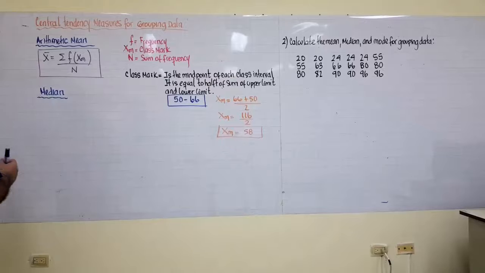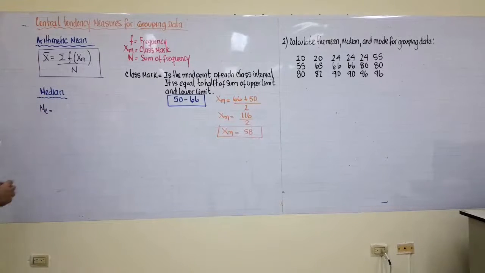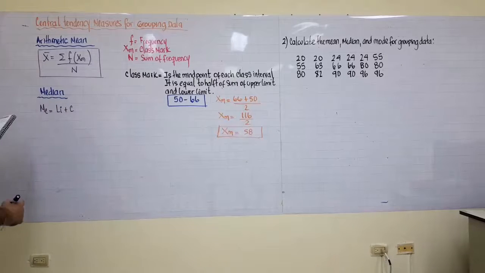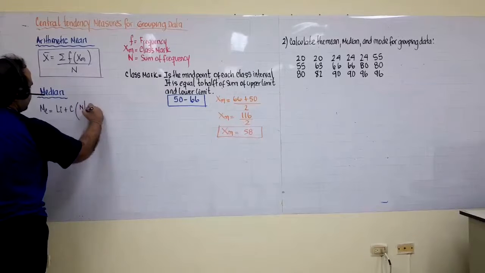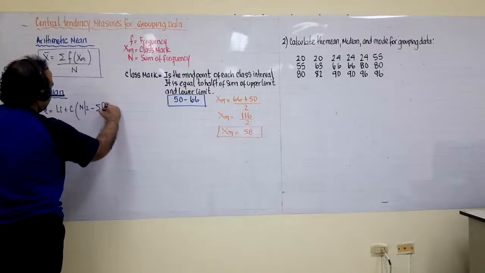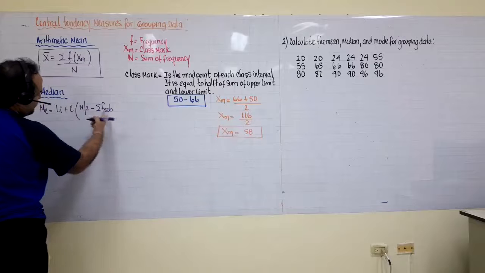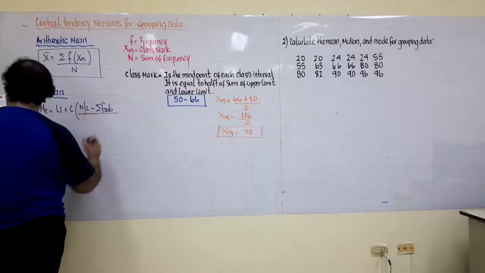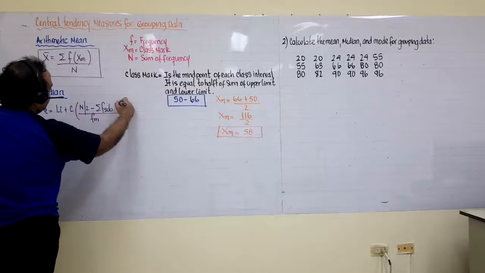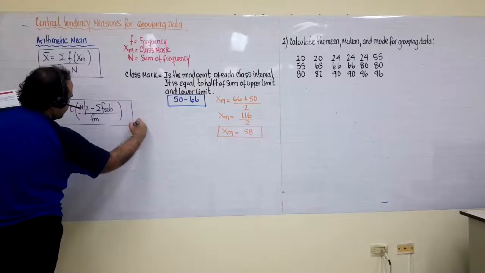In this formula, my dear students, the median is given by M equals LI plus C multiplied by N over 2 minus the addition of the frequency, all divided by FM. I'm going to explain what that means.